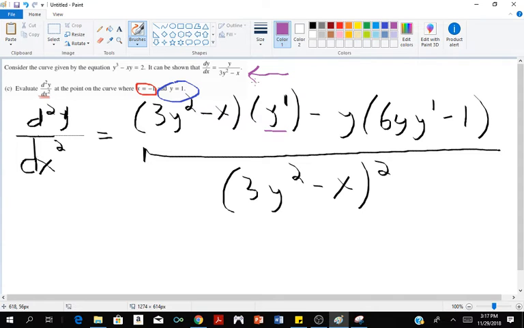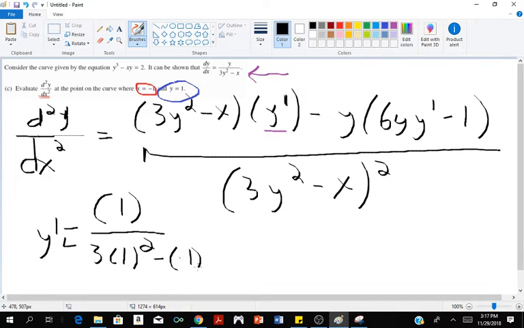Y is 1, so this is y prime equals 1 over 3 times 1 squared minus x, and x is negative 1.